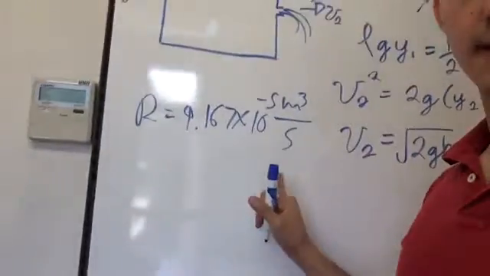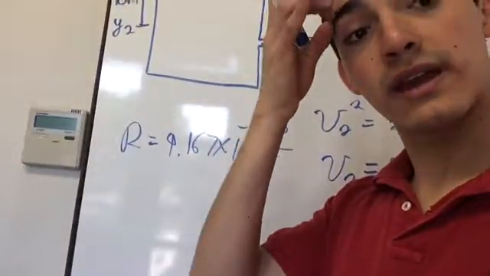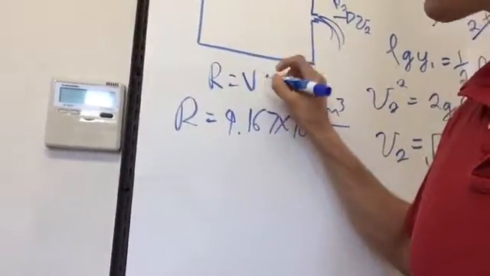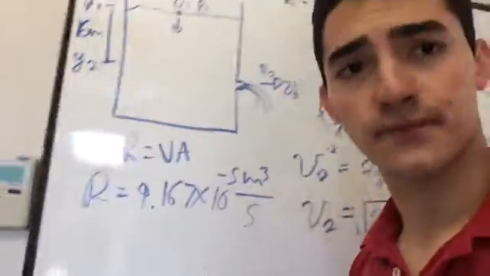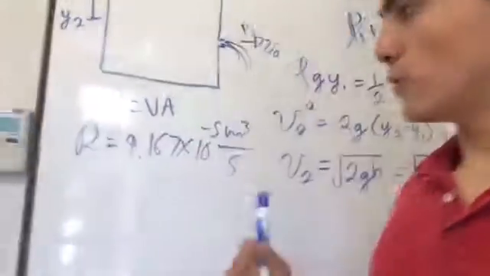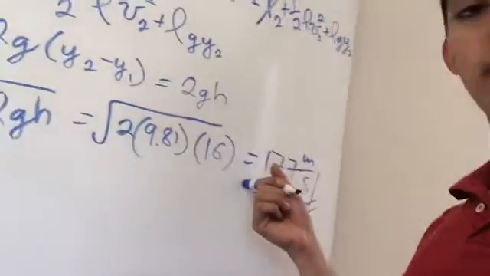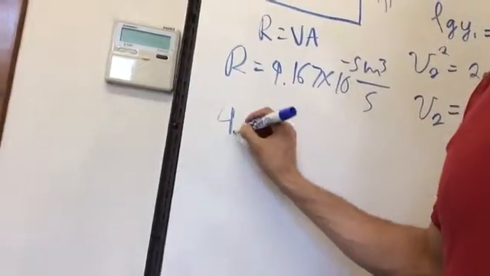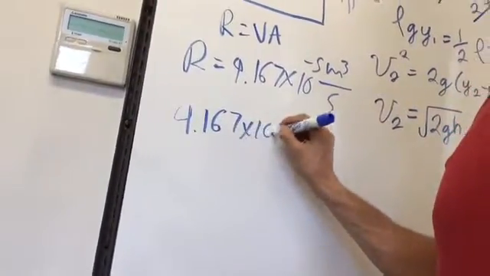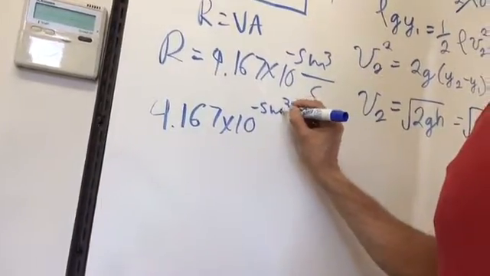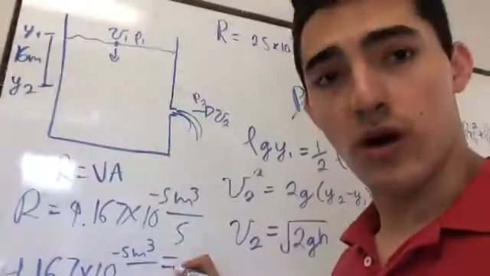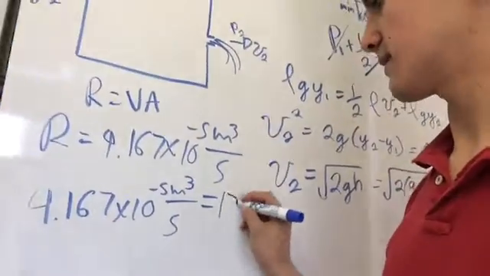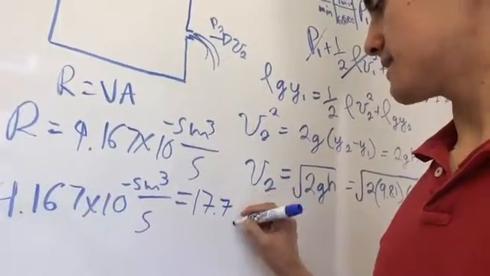Once we have this, we can use the rate of flow equation, because we know that the rate of flow is equal to the area times the velocity. And the velocity at the outlet is this one. So the rate of flow will be equal to the velocity, 17.7, times the area.